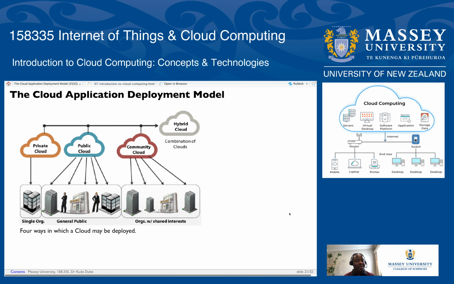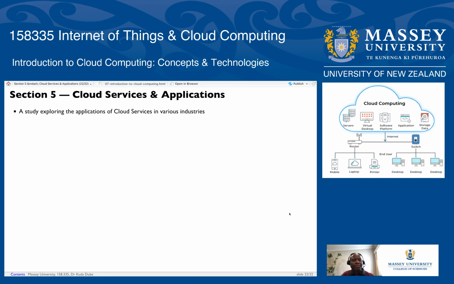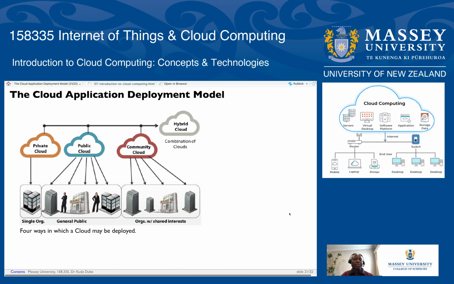At the same time, a company can create their own private cloud within Amazon cloud, and obviously there is a public cloud as well. So this is the cloud application deployment model. With that we come to the end of this section. Notice the difference between the cloud service model and the cloud deployment model.